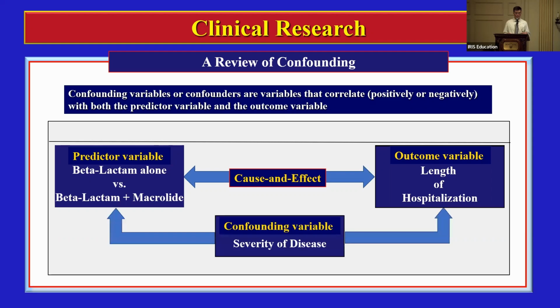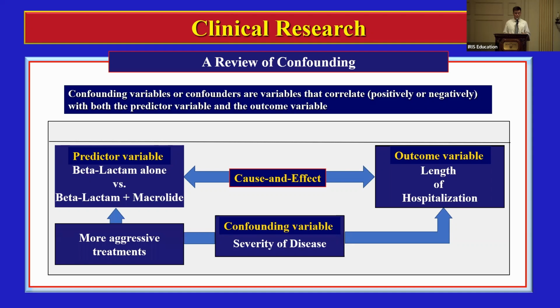So we have our two study arms to compare, and we have our outcome. But how does severity of disease confound this relationship? Well, we can expect that a more severe patient is going to require more aggressive treatments. So are these patients recovering because of the treatments they received or the intervention that we assigned to them? That's just an example of how it can confound our predictor variable.